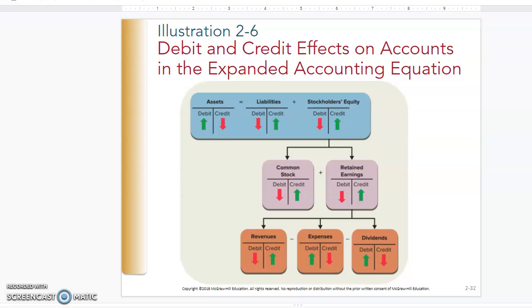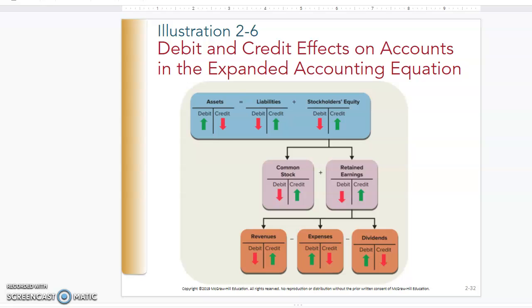Okay, the stockholders' equity, two main accounts there that we're going to deal with, common stock and retained earnings. Okay, as we saw in chapter 1, retained earnings comes from net income minus any dividends that are paid out. So that's what that third line is there, is the things that go into retained earnings.